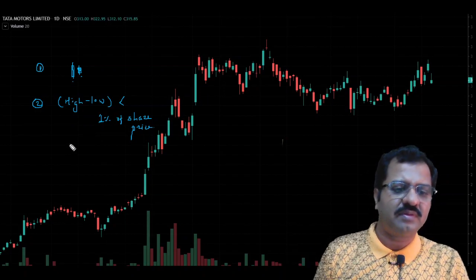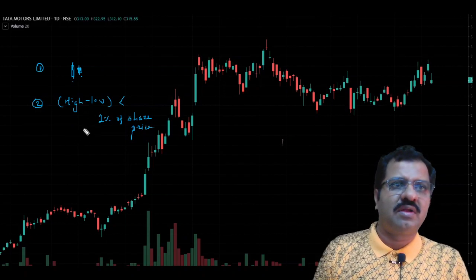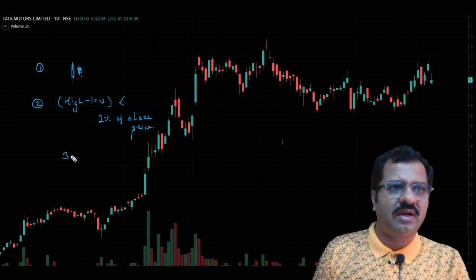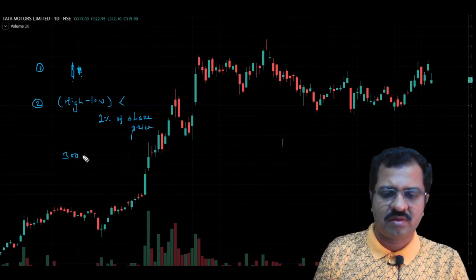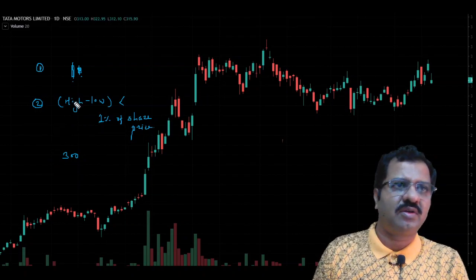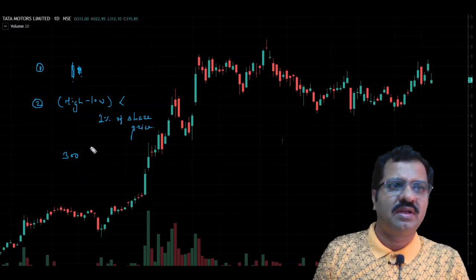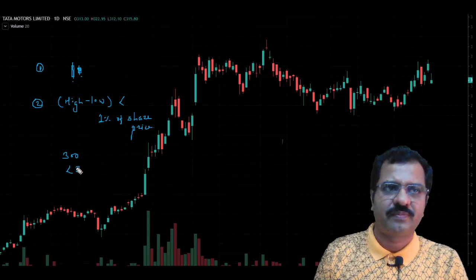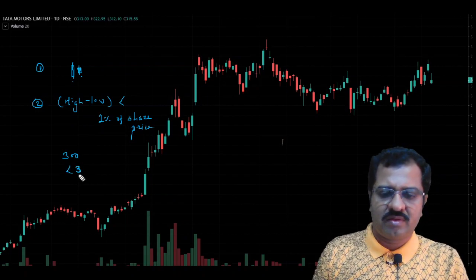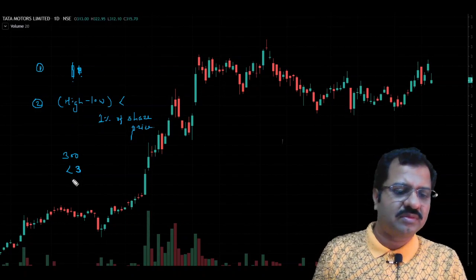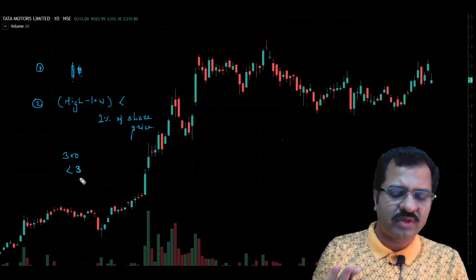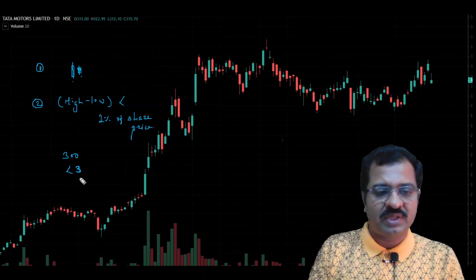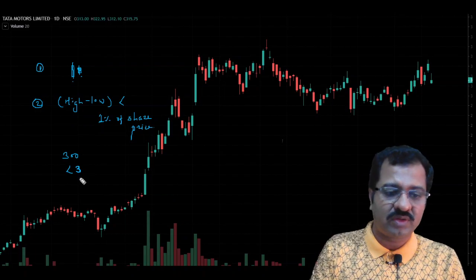For example, if the current price of the share is say 300, then the height of this candle should be less than 3. Okay, for now you can use this as 1%, but based on your comfort level and based on the beta of scripts, you can tweak this also.